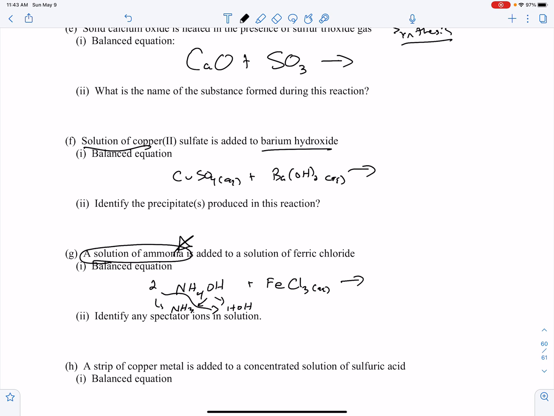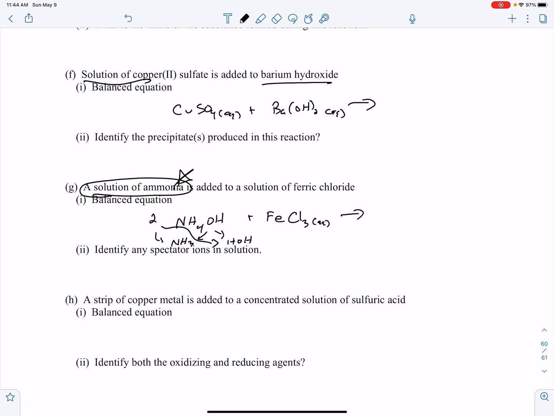And so I would just replace whatever ammonium hydroxide is with NH3 and H2O. Those are my reactants, but it reacts like ammonium hydroxide, if I hopefully identified or explained that well enough to you. So again, as we go through this, the solution of ammonia reacts like ammonium hydroxide, but when you write it, you have to write it as ammonia and water as your 2 reactants. Should see at least a spectator ion in this reaction.